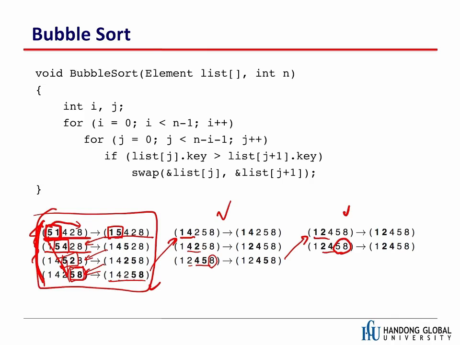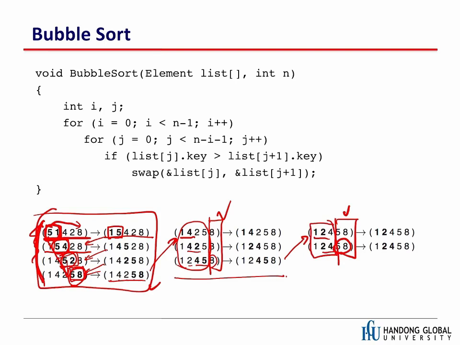We check two elements and two elements, and so on, so the largest element ends up rightmost. So we can consider the rightmost one as a sorted list already, and we focus on the left 4. Then after the next iteration, we can consider these two elements as a sorted list already, so we can focus on this.